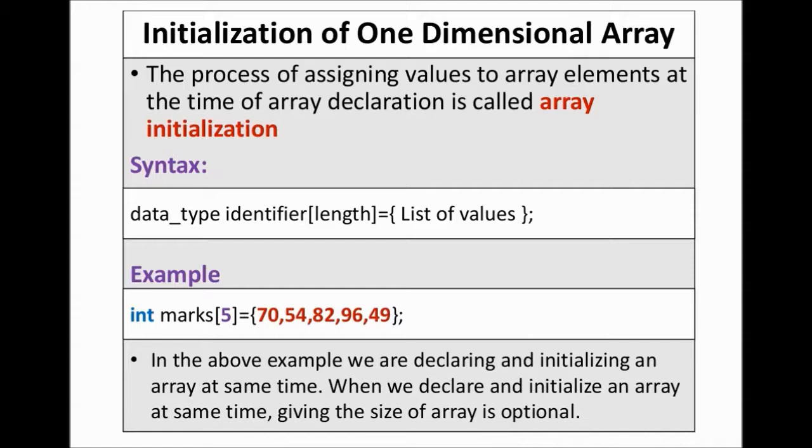For example, we initialize an array with array elements as int marks[5] is equal to 70, 54, 82, 96, 49 in the curly braces. In the above example, we are declaring and initializing an array at the same time. When we declare and initialize an array at the same time, giving the size of the array is optional.